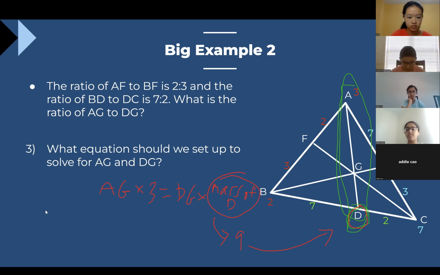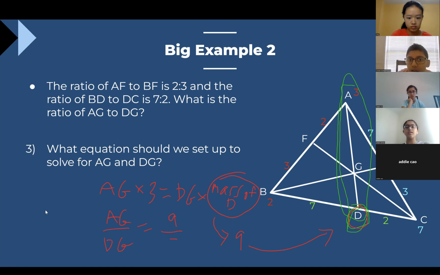So AG divided by DG is equal to the mass of D divided by the mass of A. We need to know the values of the mass of A and the mass of D to figure out the answer.